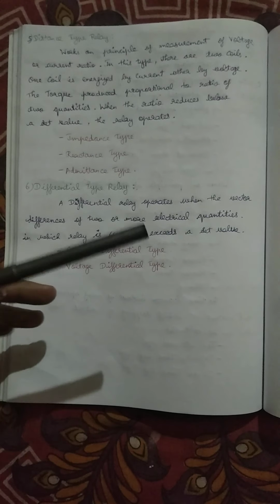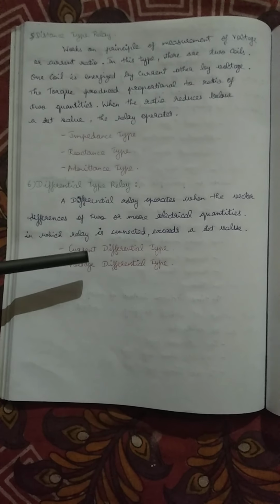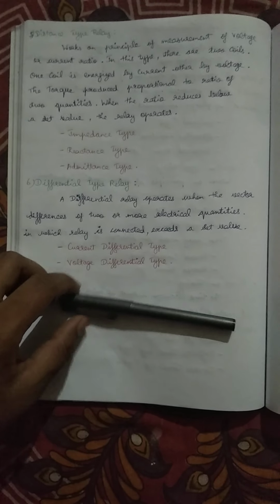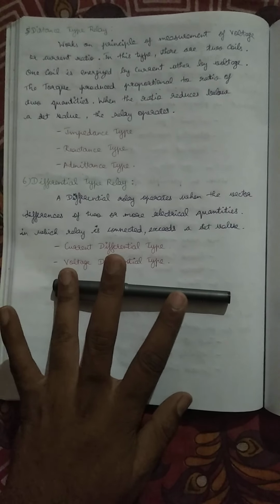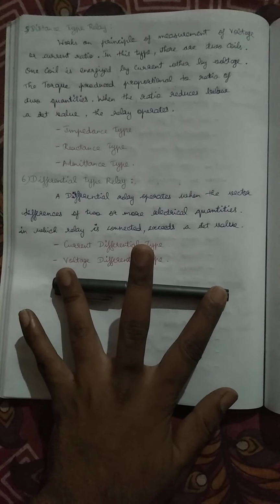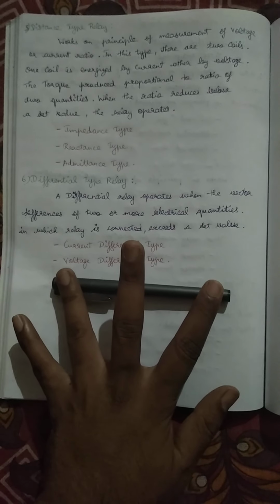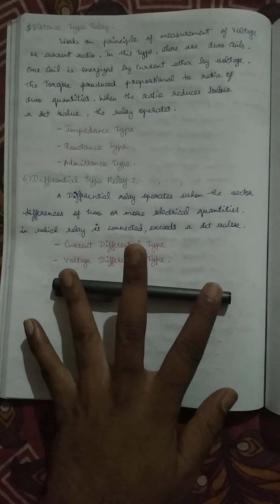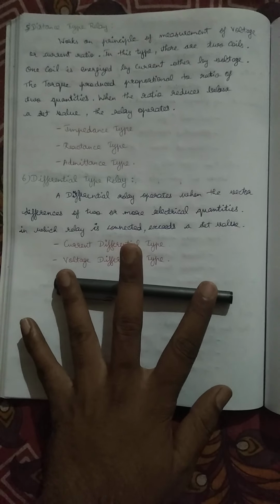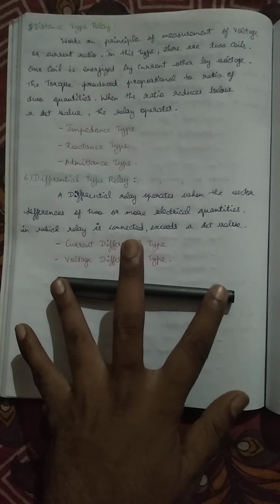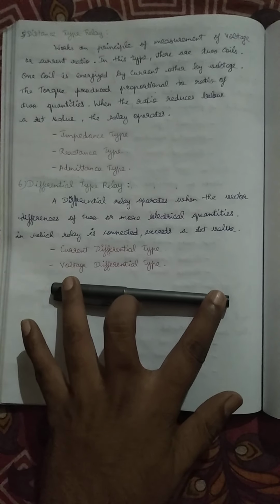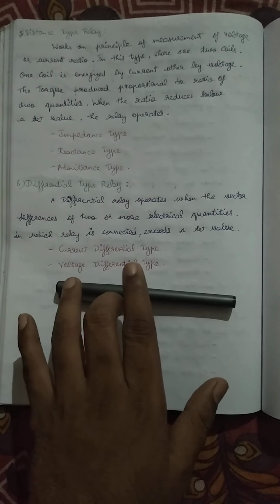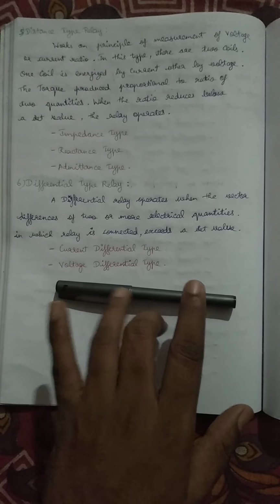For example, in a station, consider this as a bus bar. One end will be one city, another end will be another city. By comparing both the current entering and leaving, we check the differential relays. The differential will operate for internal faults only. Whenever an internal fault occurs, the current moves to the low impedance path.